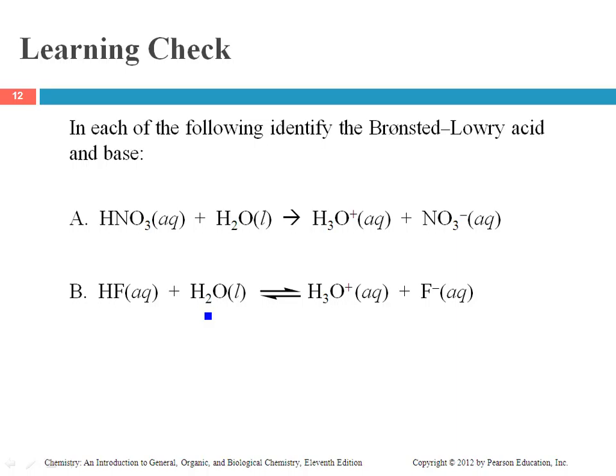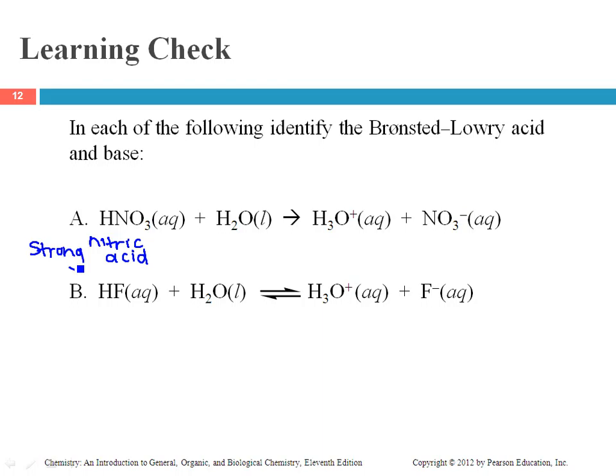But first we can see we've got nitric acid. We've got a hydrogen, and then we've got the nitrate portion. If we were to name this, it would be nitric acid. This is actually a strong acid. We're going to talk about that in the next video.